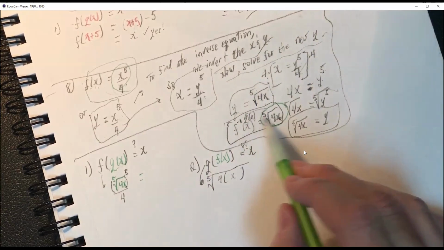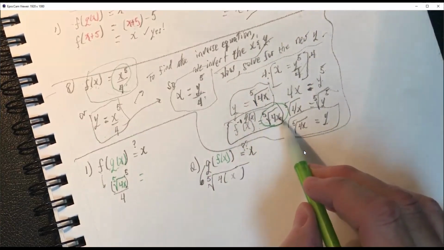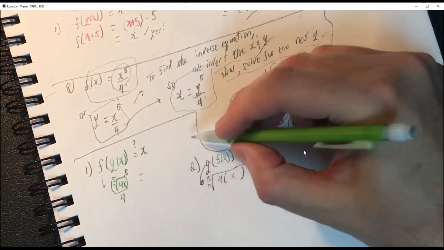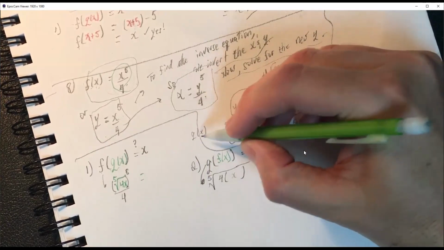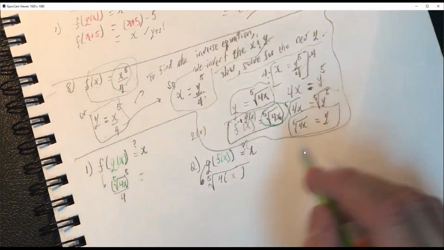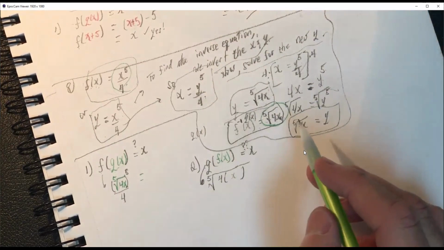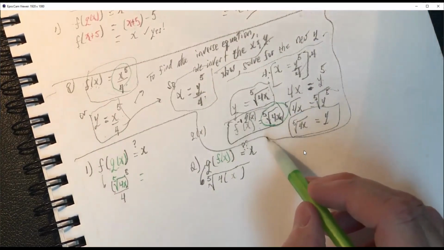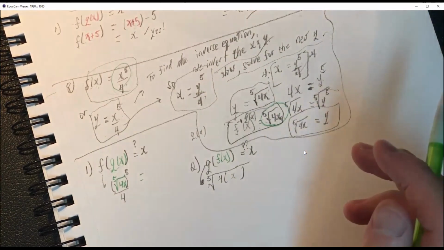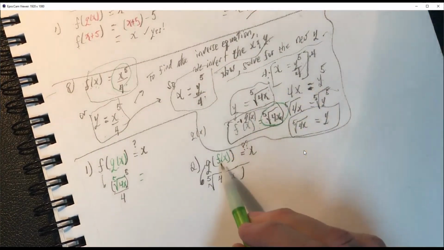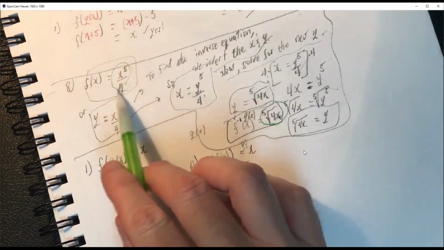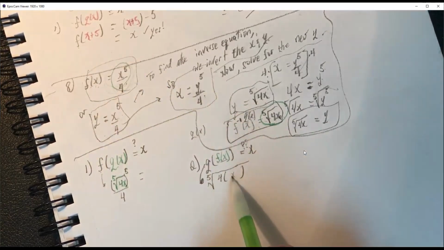That's what g of x is. But we're not just finding g of x, we're finding g of f of x. So what is the range value for f of x? It's this one. And so we're going to put this one right here.